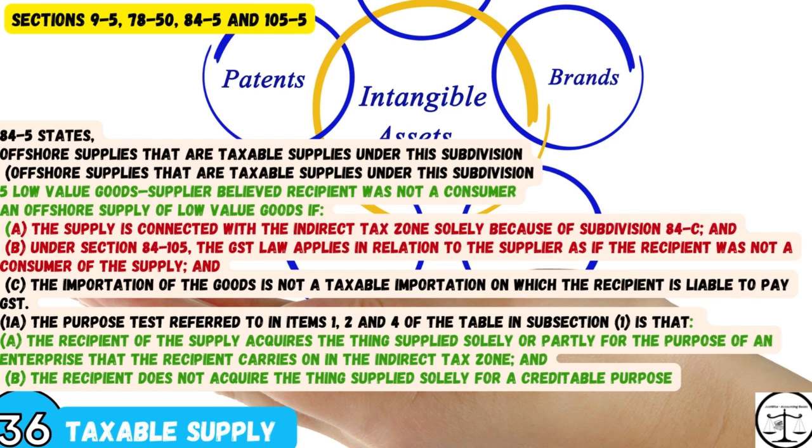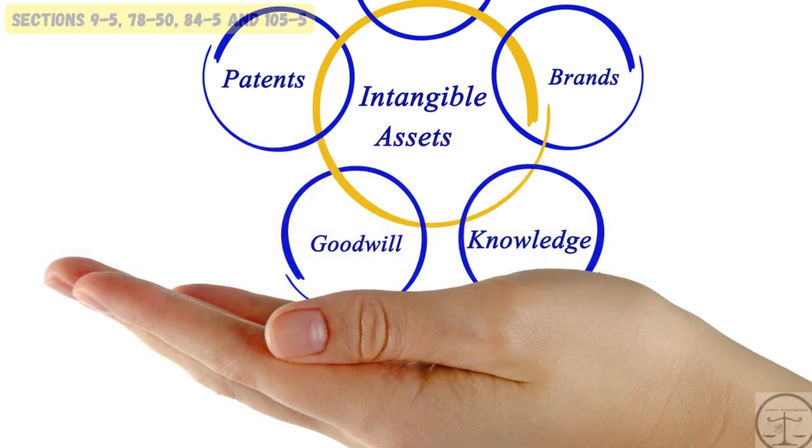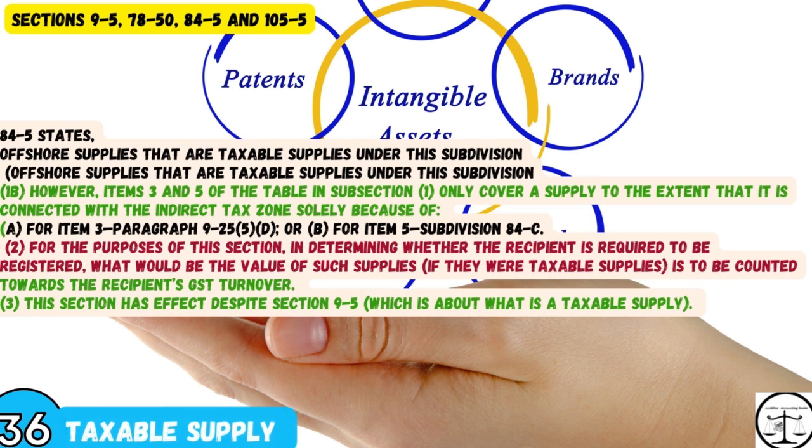1A. The purpose test referred to in items 1, 2 and 4 of the table in subsection 1 is that A. the recipient of the supply acquires the things supplied solely or partly for the purpose of an enterprise that the recipient carries on in the indirect tax zone, and B. the recipient does not acquire the things supplied solely for a creditable purpose. 1B.